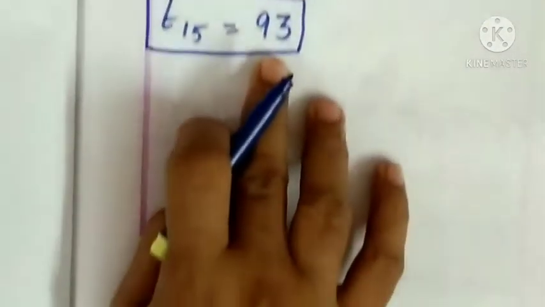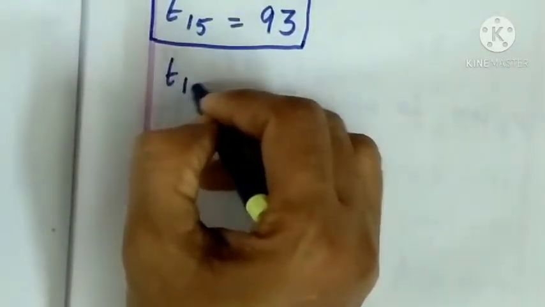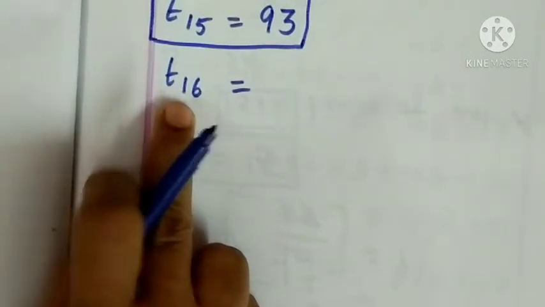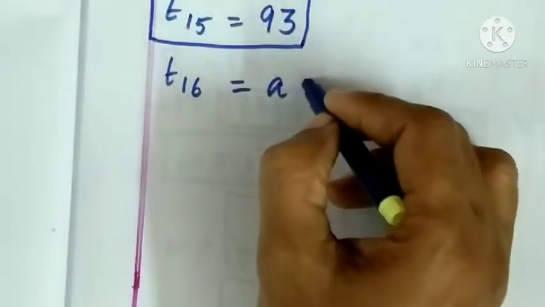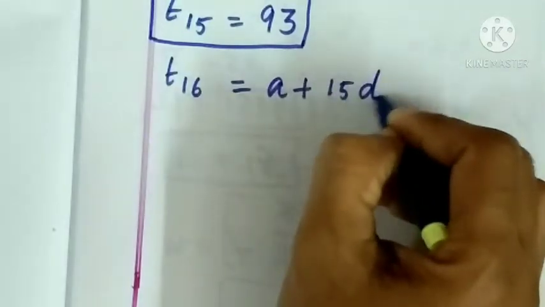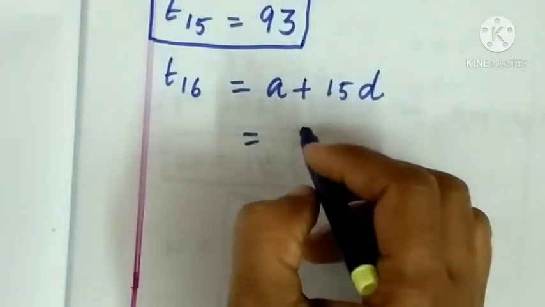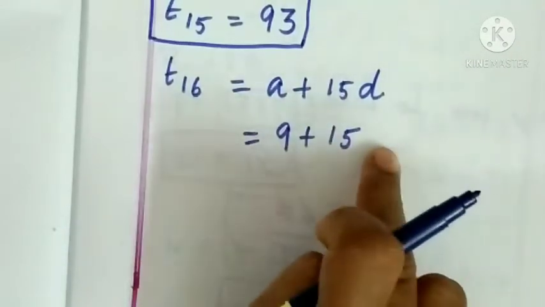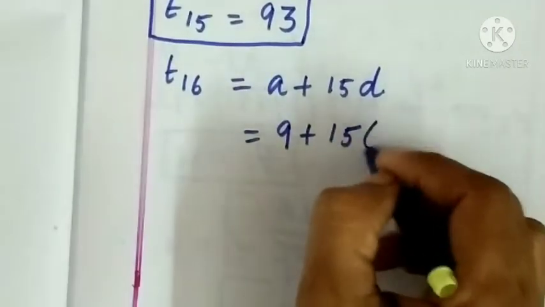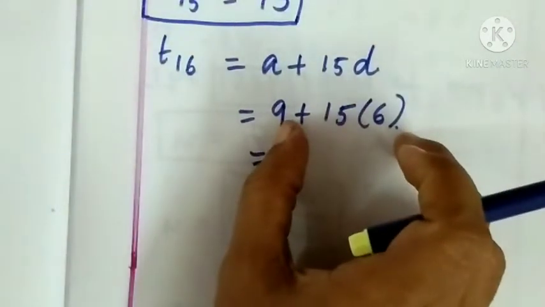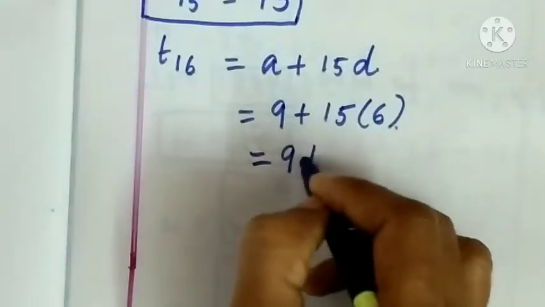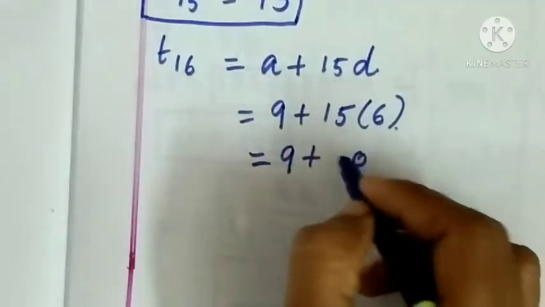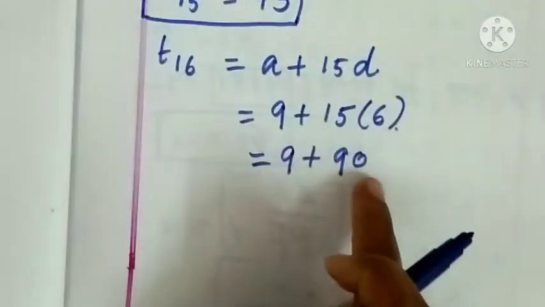Next you have to find the 16th term, that is T16. First write the general form of T16, that is A plus 15D, equal to 9 plus 15 into 6. Now simplify: 6 5s are 30, remainder 3, 1 6 is 6, 6 plus 3 is 9, that is 90.